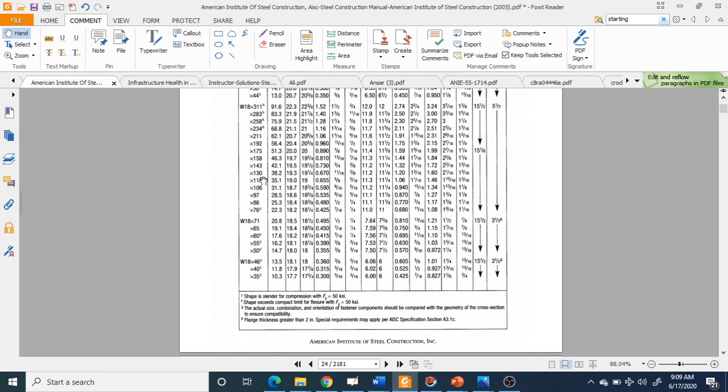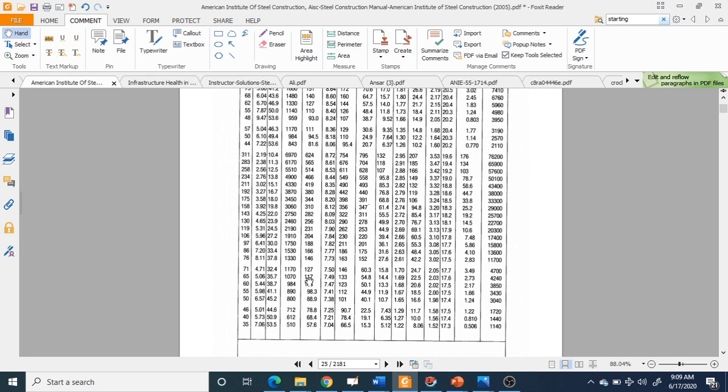W18 into 130. So I should change that. So I'll be changing that. It's W18 into 130, area 38.3. So it's W18 into 130.